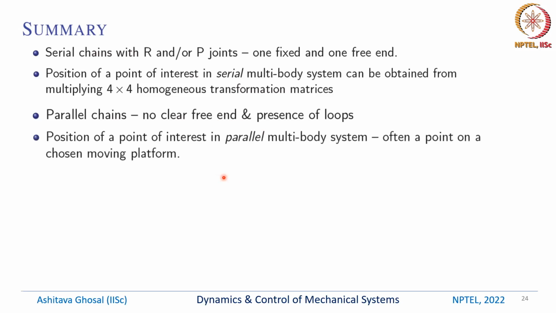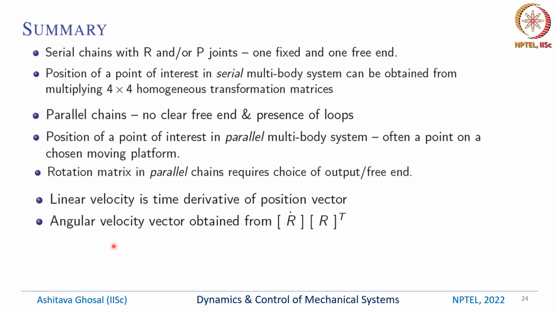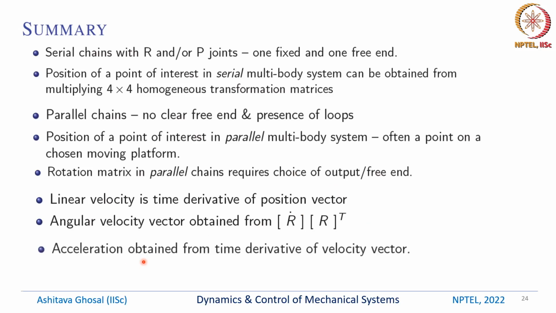The position of a point of interest in a parallel multibody system is often a point chosen on the moving platform. The rotation matrix in a parallel chain requires choice of output and free end. The linear velocity is the time derivative of the position vector. Angular velocity is obtained from R dot R transpose, and accelerations are obtained from the time derivative of the velocity vector.